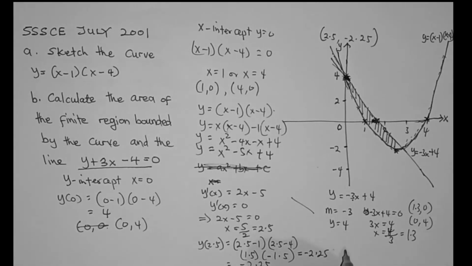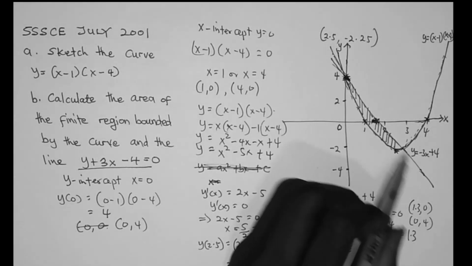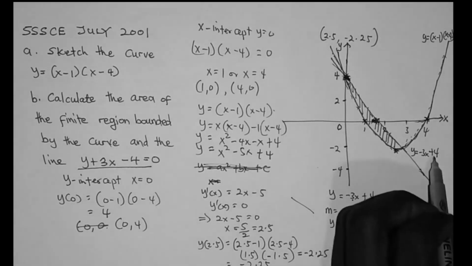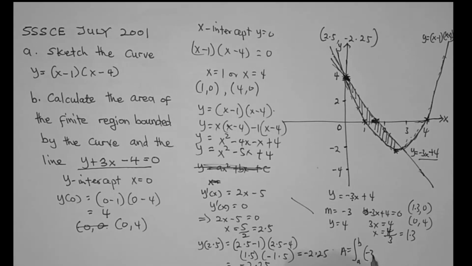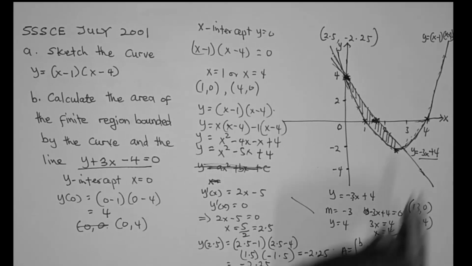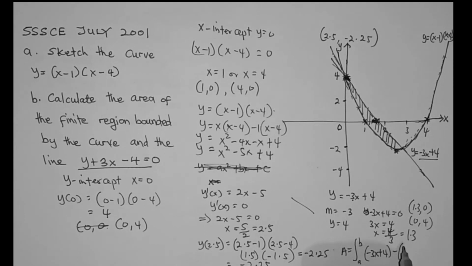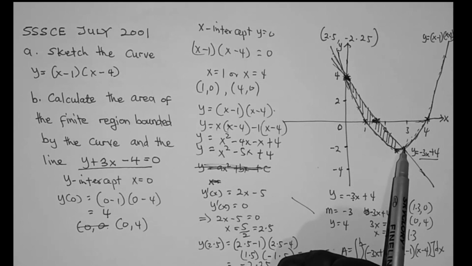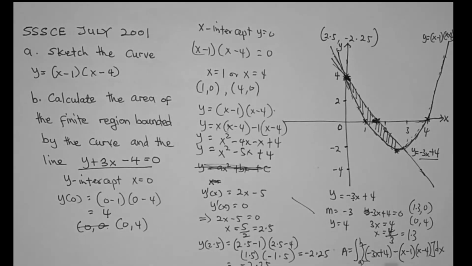So the area is equal to, the graph on top is integral from a to b of this graph, which is minus 3x plus 4, minus the curve, and the curve is x minus 1 times x minus 4, all of this dx. So the task we are going to do is to find the values for a and b. The values of a and b are the points of intersection between the two graphs, and then insert the values here and find the area under this curve.